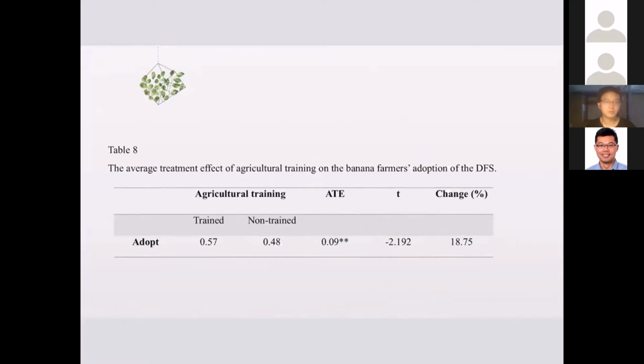The probability of adopting the DFS by trained farmers and non-trained farmers is 0.57 and 0.48 respectively. After controlling the possible endogeneity problems, agriculture training increased the adoption rate of farmers by 18.75% on average.